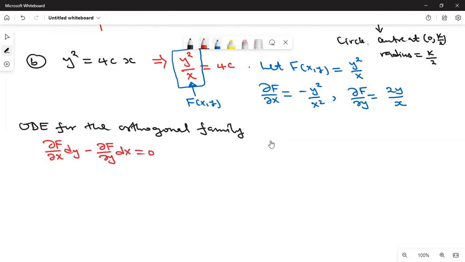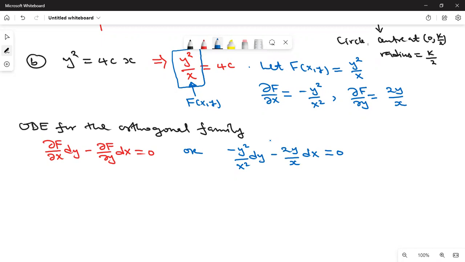If I replace those derivatives, we got here negative y squared over x squared dy minus 2y over x dx is equal to 0.